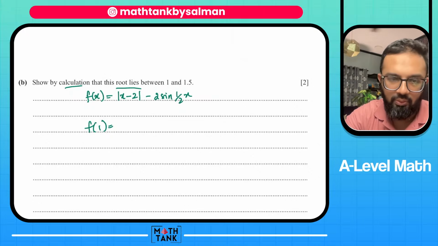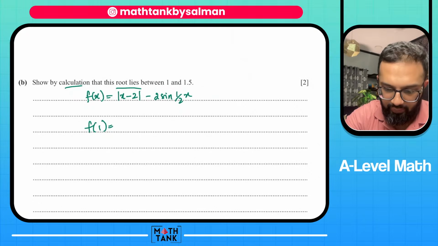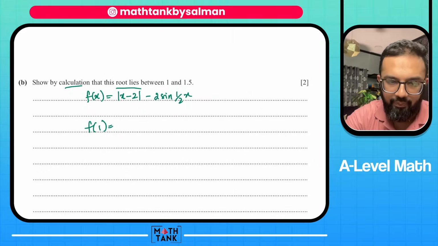So that's 1 minus, my calculator is in degrees, 1 minus 2 sine 0.5.